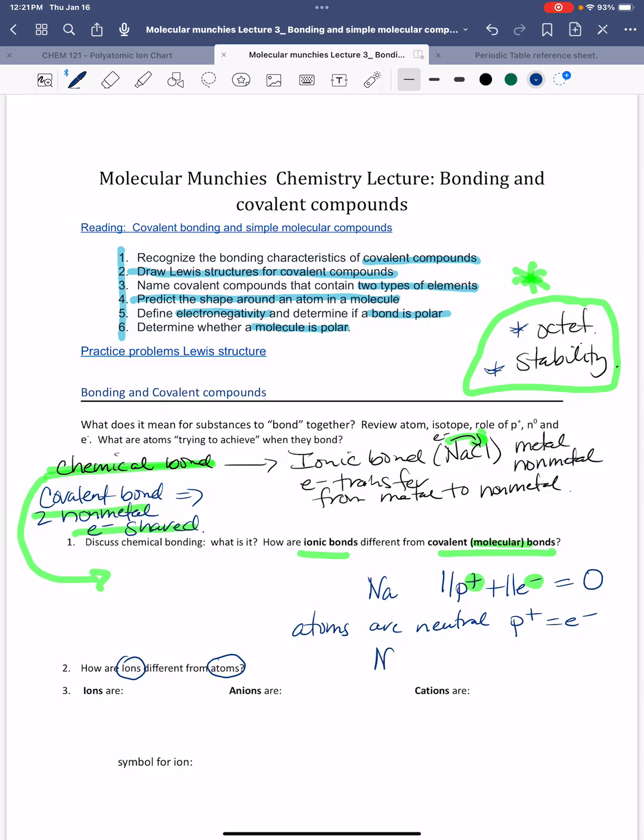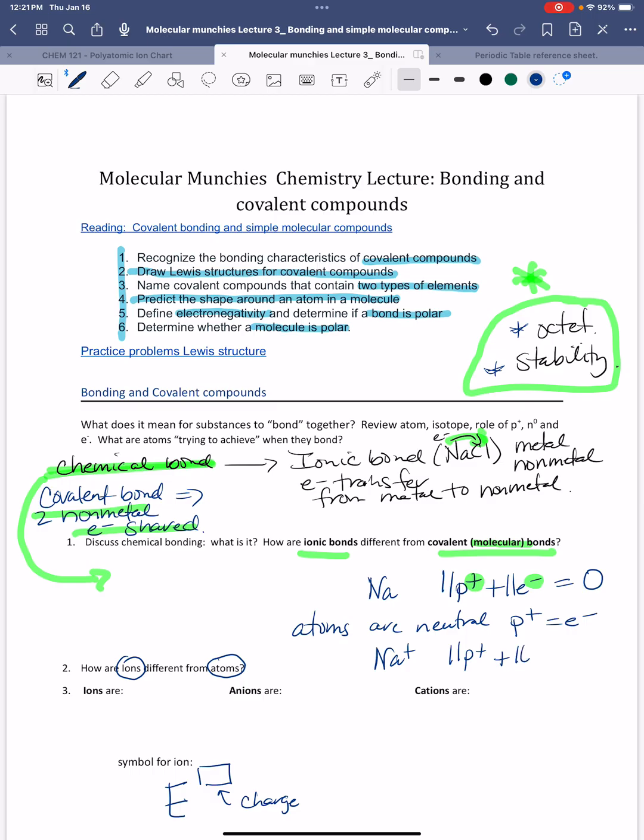A sodium ion, and the symbol for that is we put the element symbol and put its charge up here as a superscript. So in this case, I have sodium with a +1 charge. It still has 11 protons because if it didn't, it wouldn't be sodium.